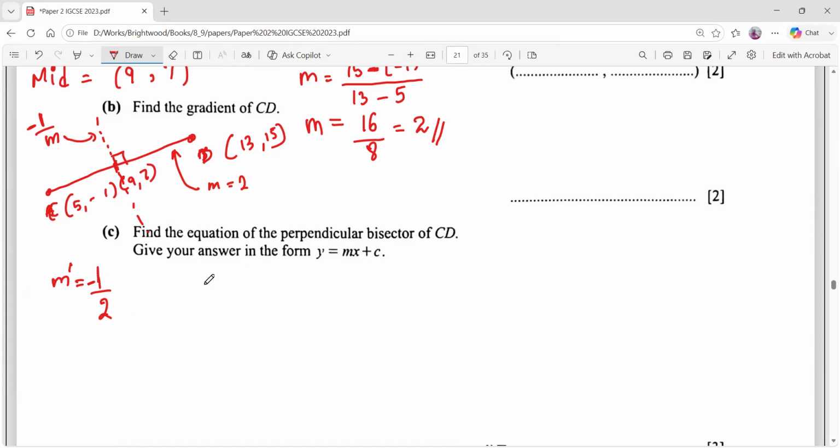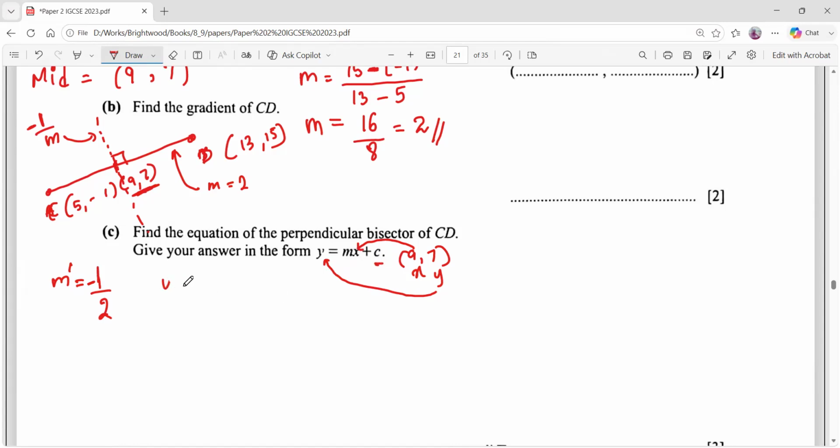Now you already know one point: 9, 7. This is the x coordinate and this is the y coordinate. You can substitute y as 7, x as 9, and m as negative 1 over 2, and find the value of c.